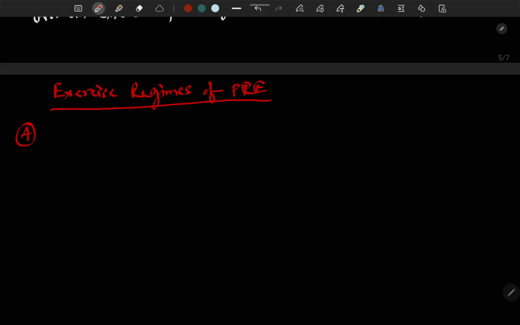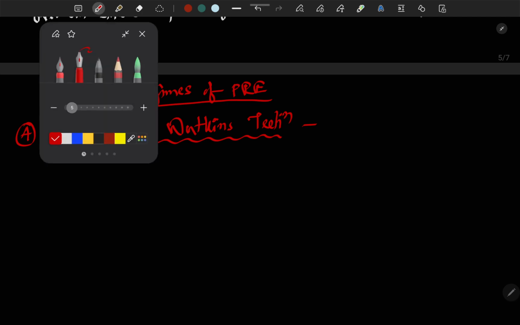Number A is the Delorme and Watkins regime or technique. Okay.